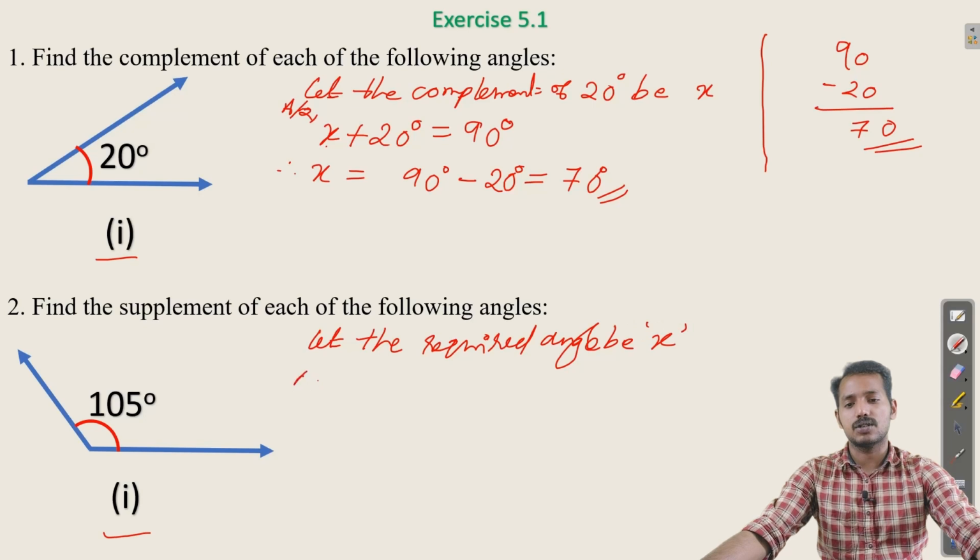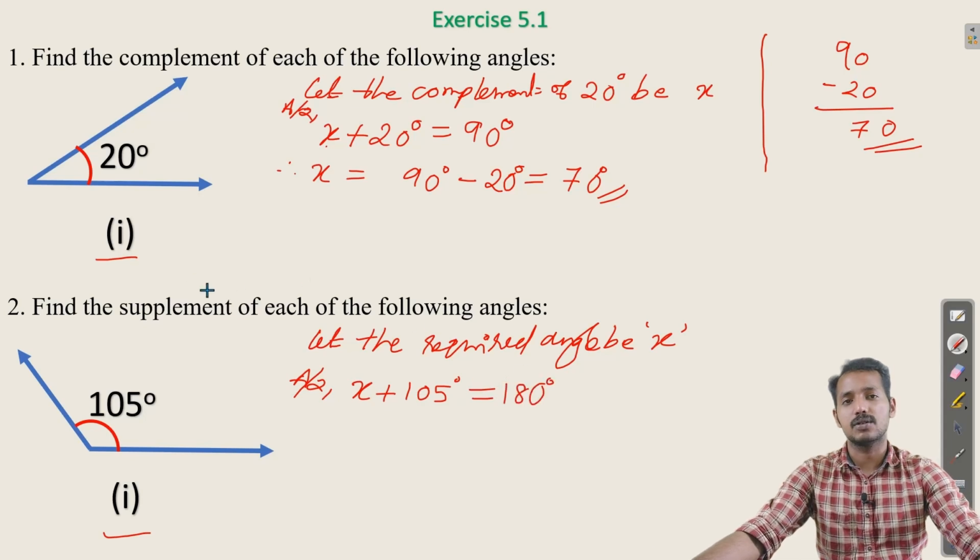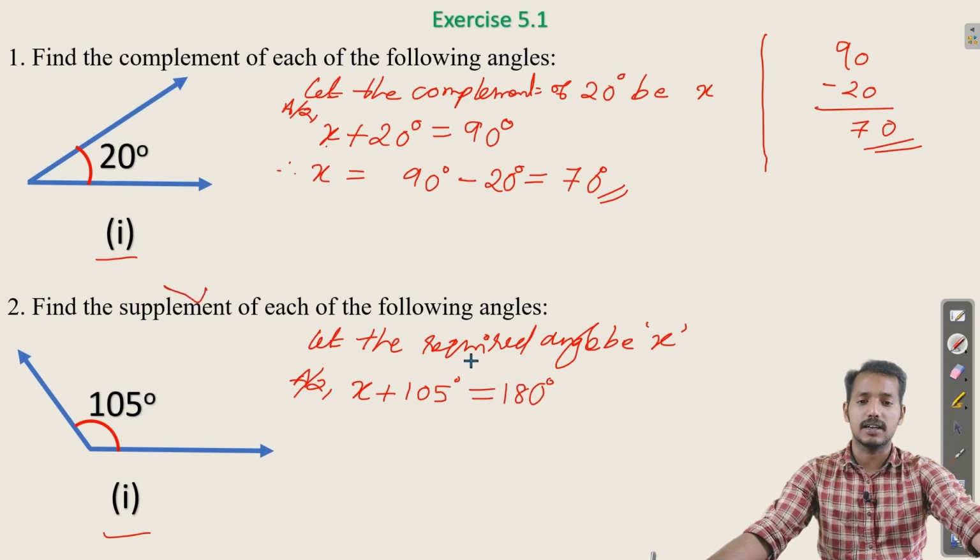Then according to the question, x plus 105, the sum of the required angle and the given angle, should be 180 degrees. Why? Because we have to consider them supplementary angles. So x is equal to 180 degrees, transposing this 105 from LHS to RHS, so plus 105 will be minus 105, equal to 75 degrees.